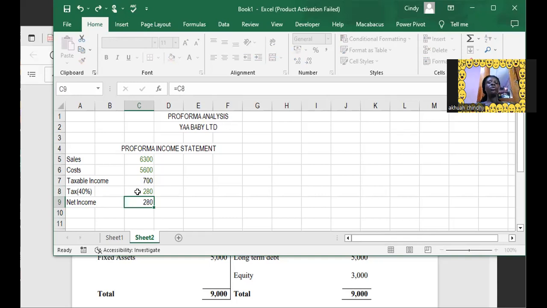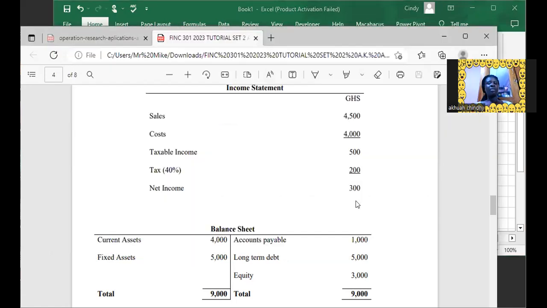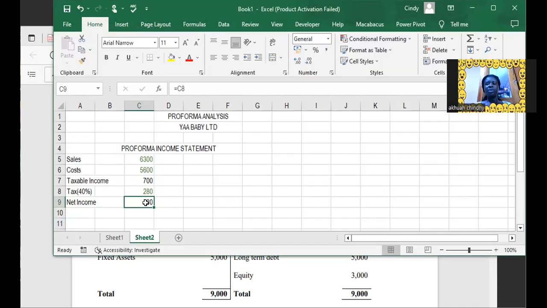So our net income is 280. So currently our net income is 300, right? But then, okay, so here it is not 280, it's 700 minus the 280 here.